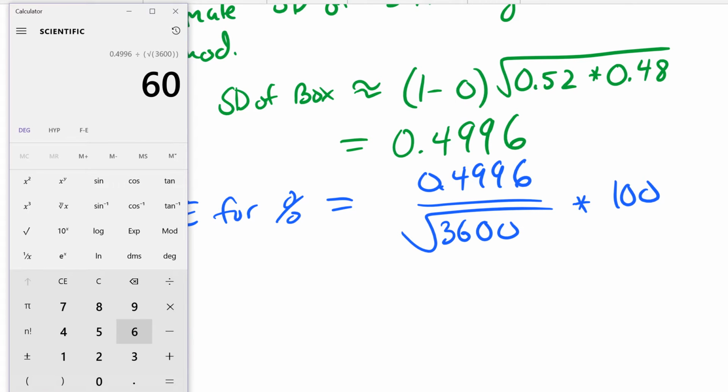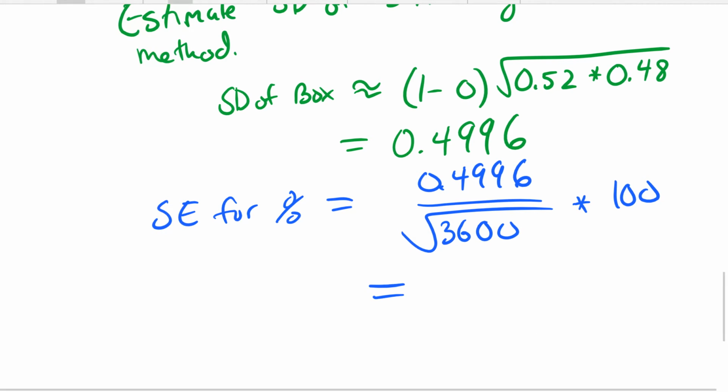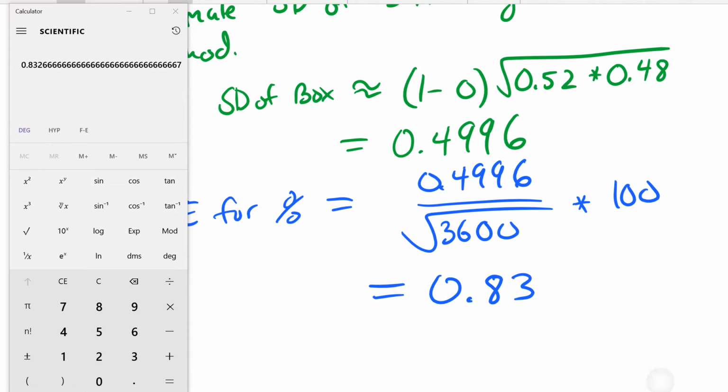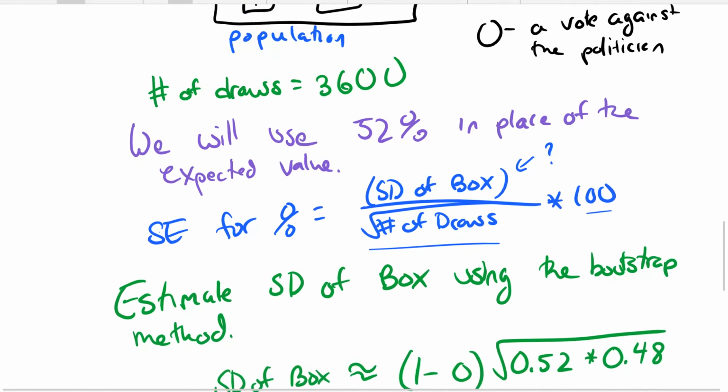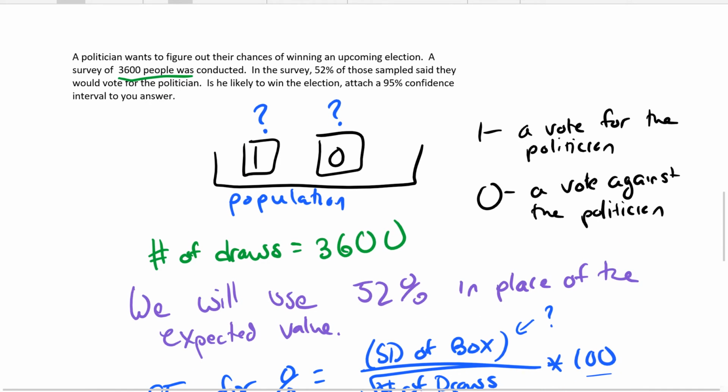Plugging this into the calculator and multiplying by 100, we get 0.833%. So less than 1% is the SE for percent. So we've substituted the expected value with the percentage of ones in the sample, 52%, and we estimated the SE for percentage to be a little less than 1%.